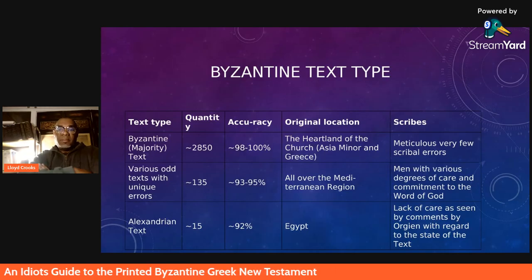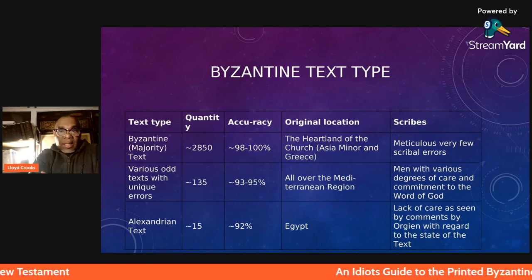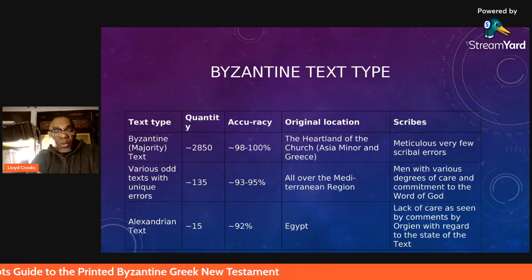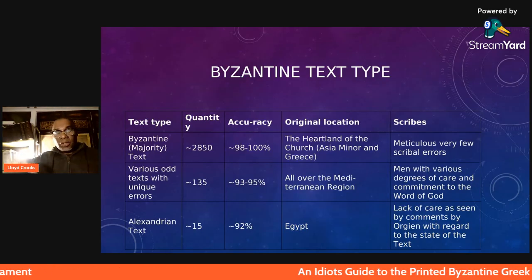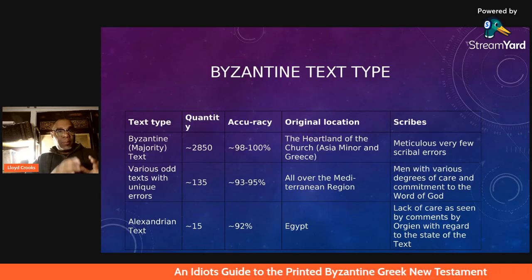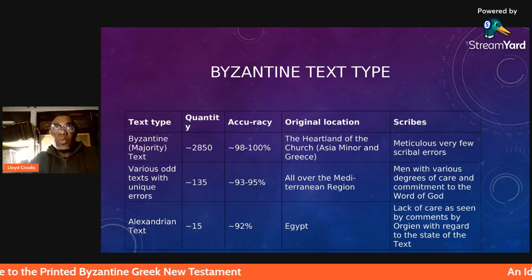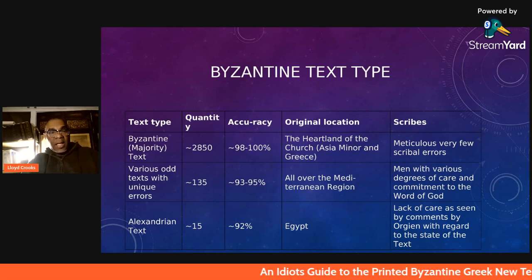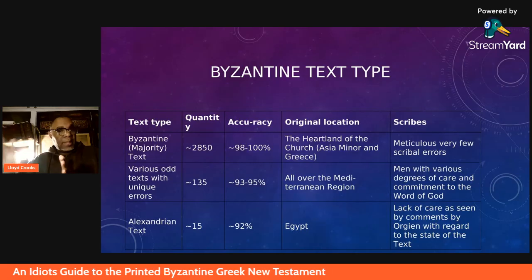The advantage of this text type, in terms of the quantity, is the accuracy, and they're very accurate. The scribes are very meticulous and there are very few scribal errors. Where do I get the information from? You look at Alan Taylor Farnes's doctoral dissertation, because in his dissertation, he worked with the early papyri from James Royse, and instead of using individual scribal singular readings, he used an exemplar, or a base from which a manuscript was copied.